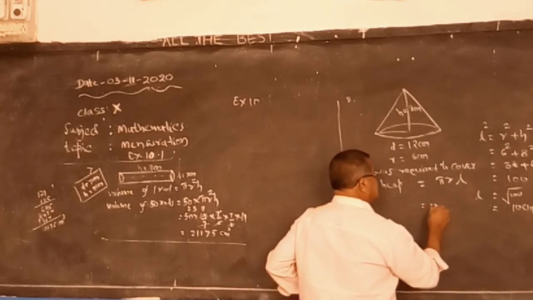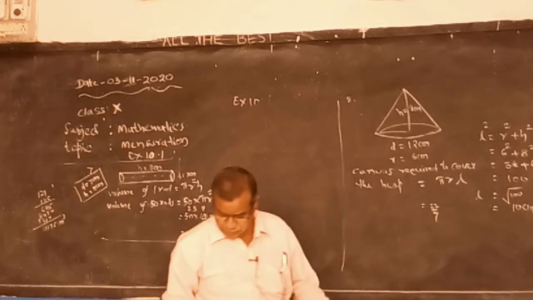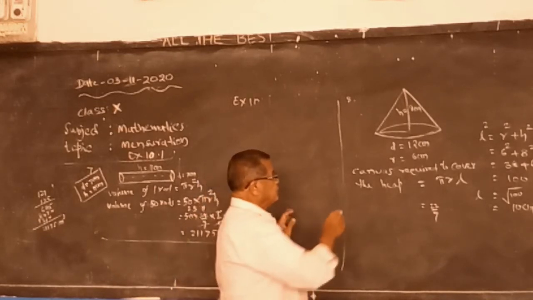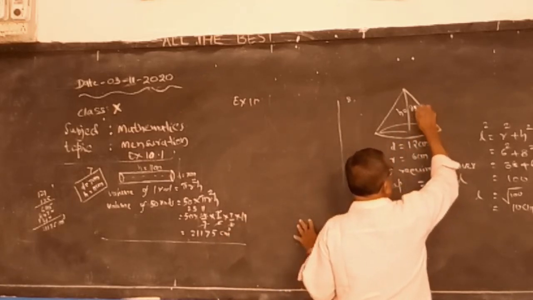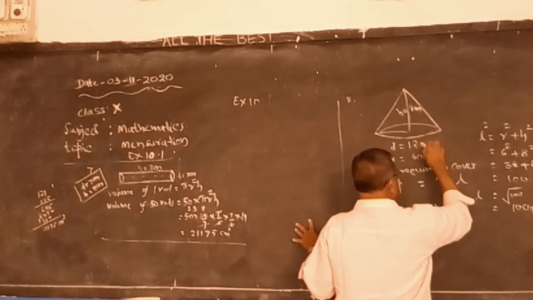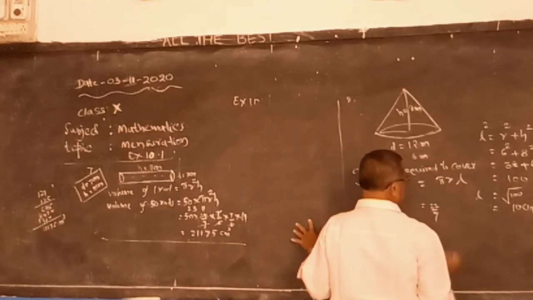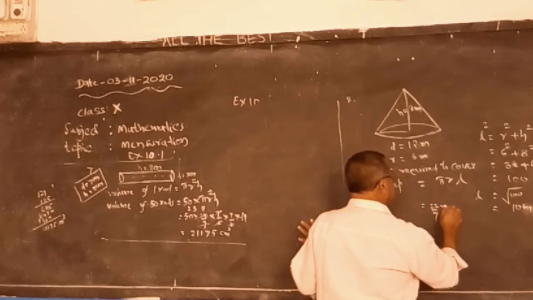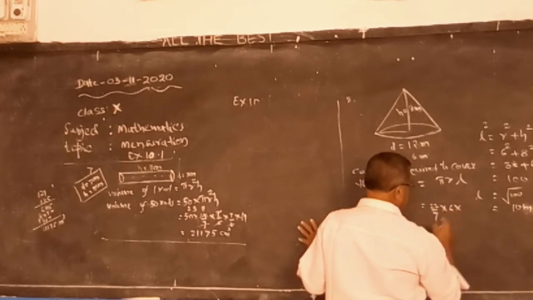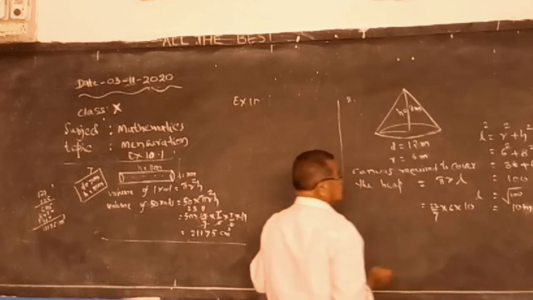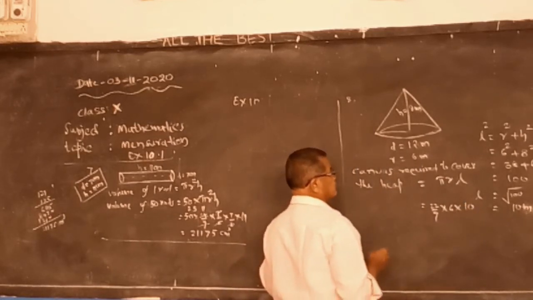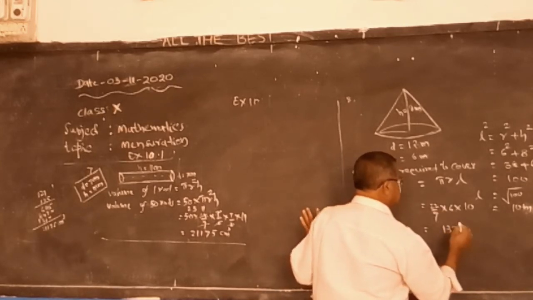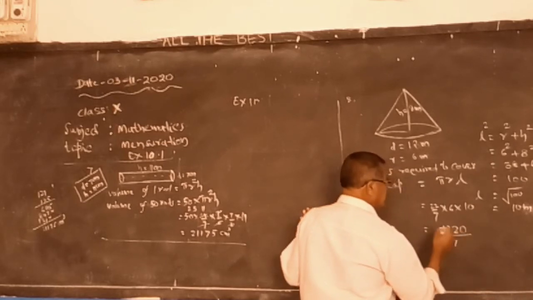So pi is 22/7, r is 6, and L is 10. These are given in meters, right? Heap of rice means it is a big one, so the measurements are in meters. It is not divisible to multiply and divide by 7, so we divide directly by 7.